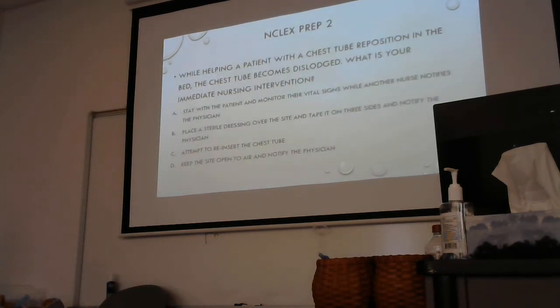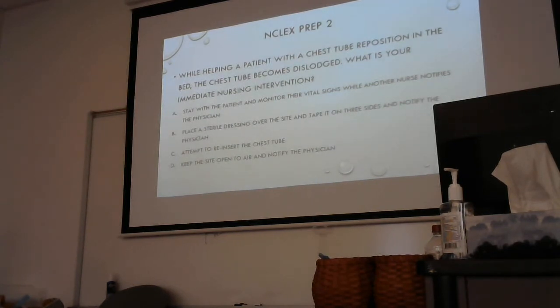Number 2. While helping a patient with a chest tube repositioned in the bed, the chest tube becomes dislodged. What is your immediate nursing intervention? B. We're definitely not going to reinsert it.